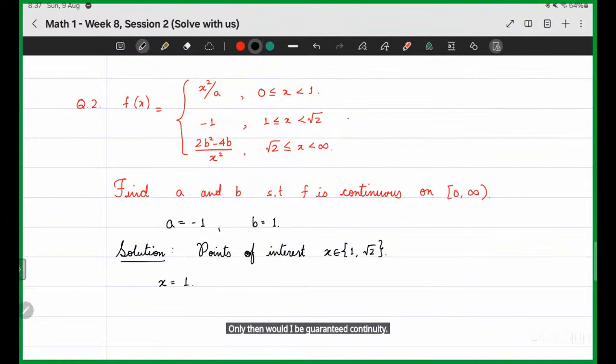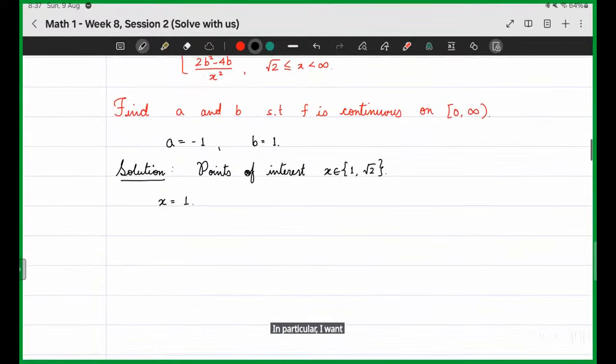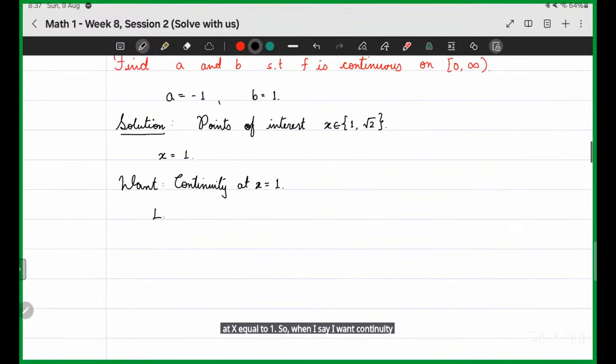So what does the question ask? The question asks for values of a and b such that f is continuous on the whole domain. In particular, I want continuity at x equal to 1. So when I say I want continuity, what does it mean? LHL is equal to RHL.